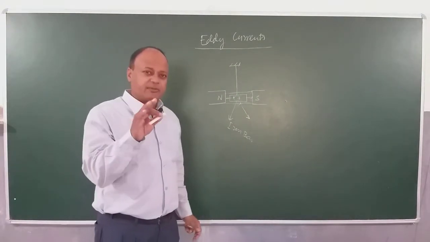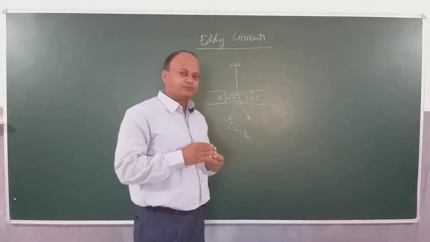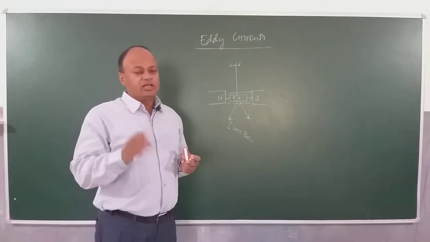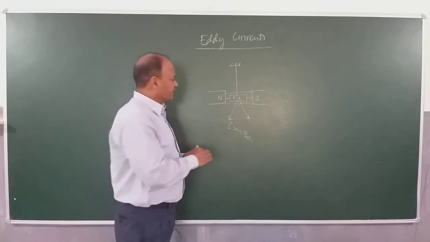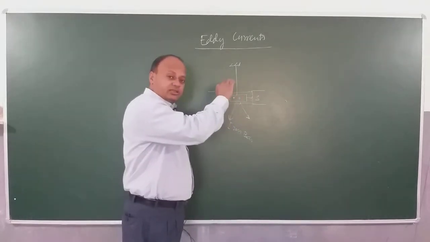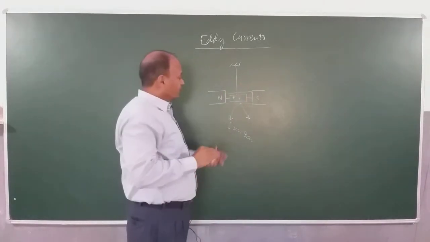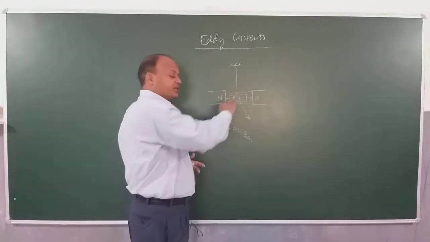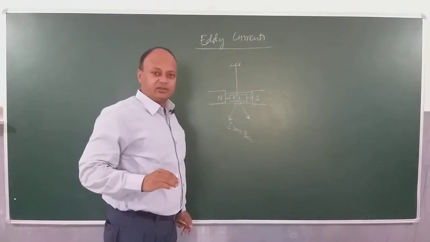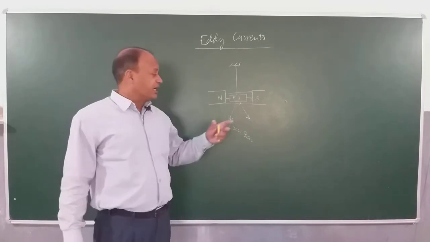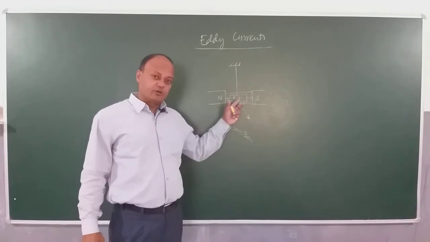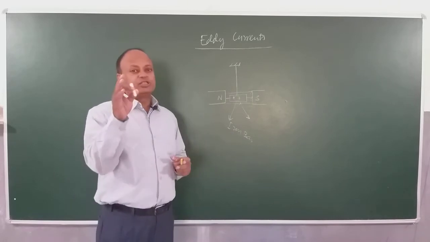Now these eddy currents have got a very special property. You already know by Lenz's law, the nature of the induced EMF is to oppose any change in flux. So when this bar is coming out, the flux is decreasing. So this current will try to pull it inside. Therefore, the nature of the current which is being produced here on the surface, this irregular current, is to oppose change in flux.